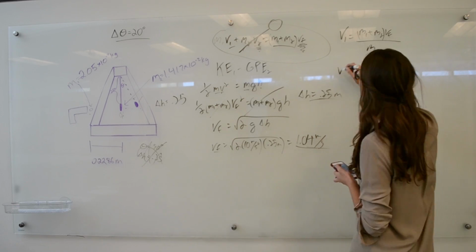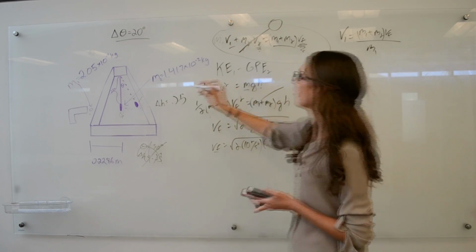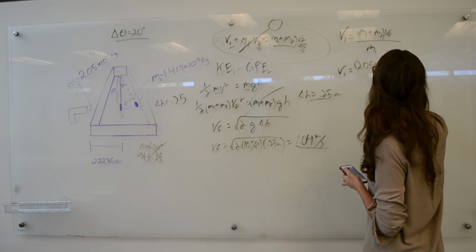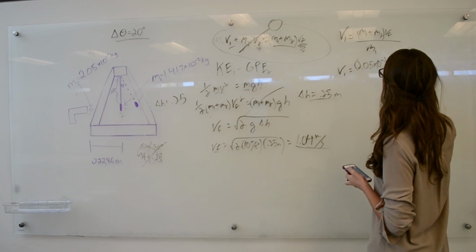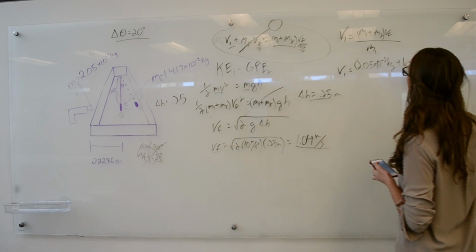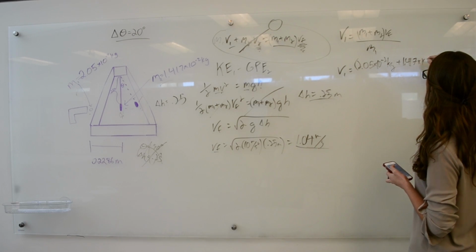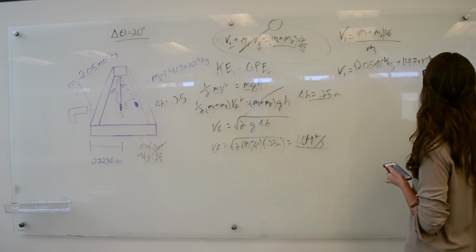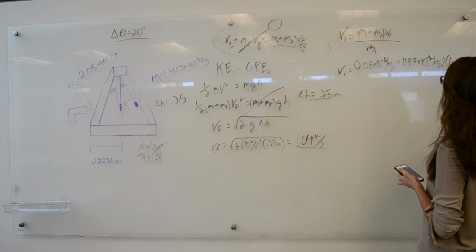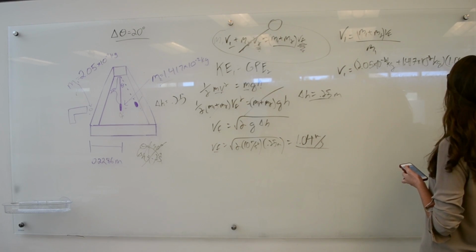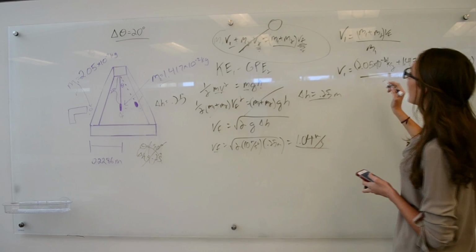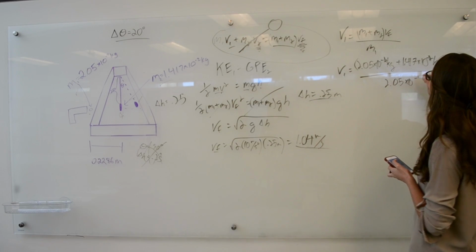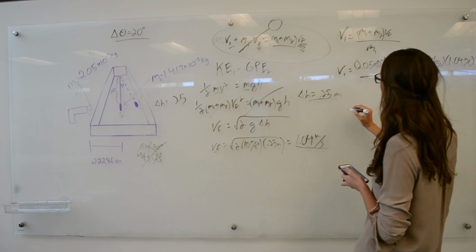Then we just plug in numbers. So V1 equals, we have M2 over here, M1 over here. So we have (2.05 times 10 to the negative 2 kilograms plus 1.417 times 10 to the negative 4 kilograms) times final velocity 1.04 meters per second, all divided by M1, which is 2.05 times 10 to the negative 4 kilograms.